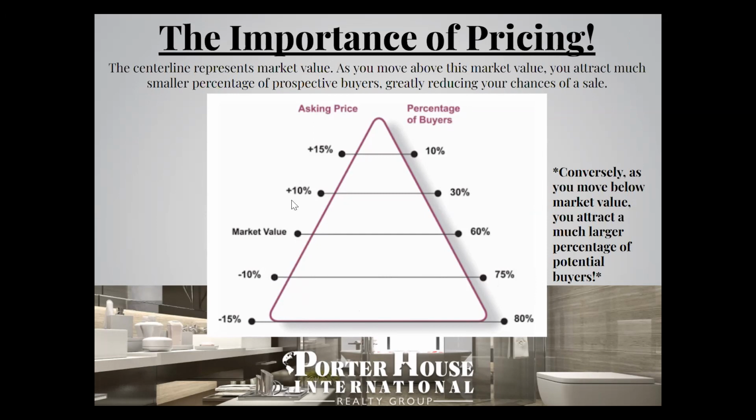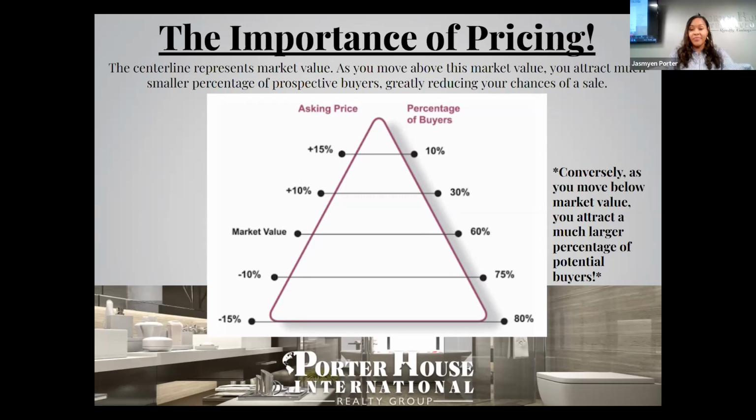So if we price the house 10% below the market value, it increases the percentage of buyers that will attend the open house and put in offers to 75%. Excellent. All right. Next person, take 15% and walk us through that.